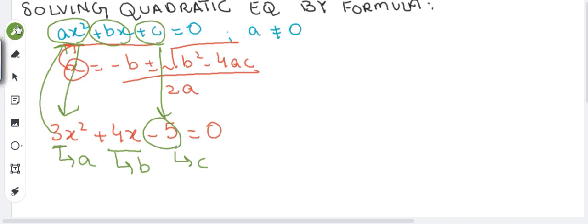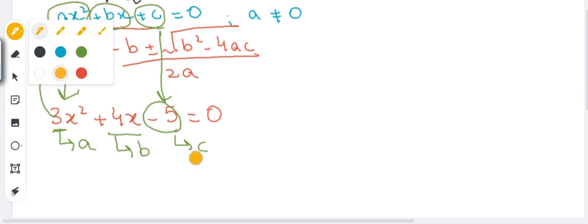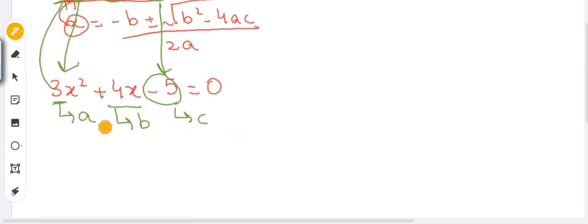So if we solve it further, we now just put these values of a, b and c in this quadratic formula.